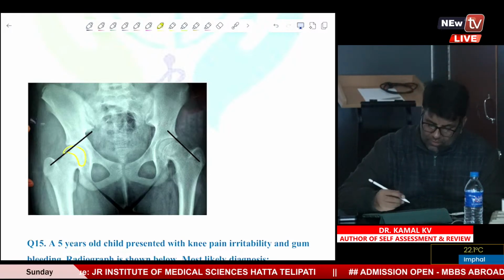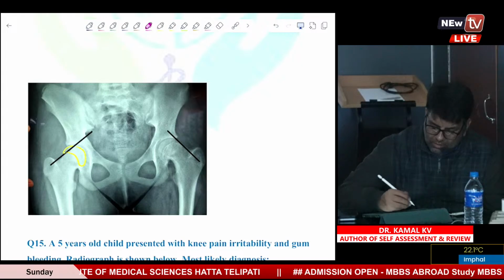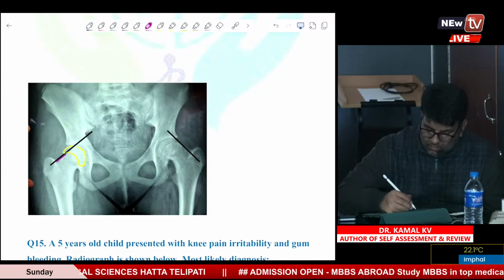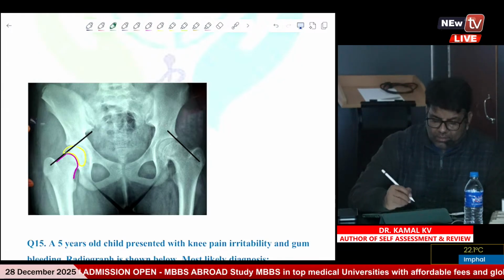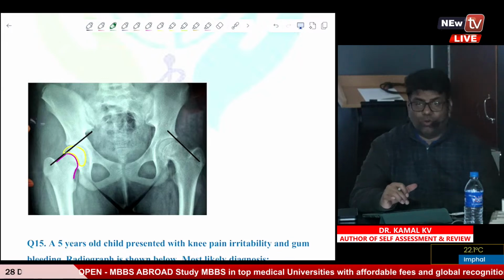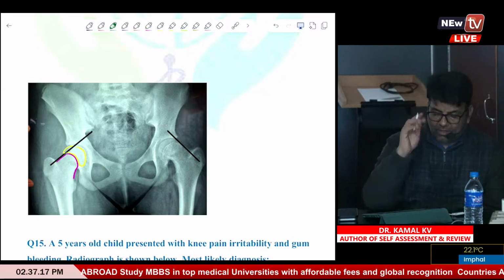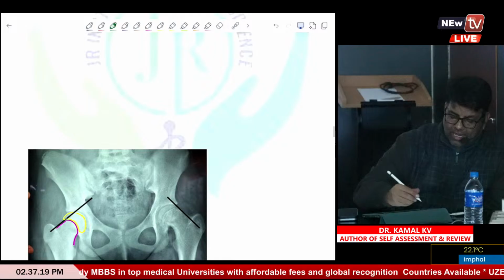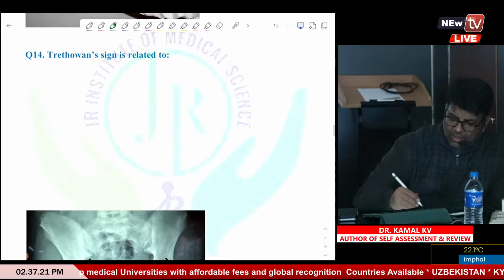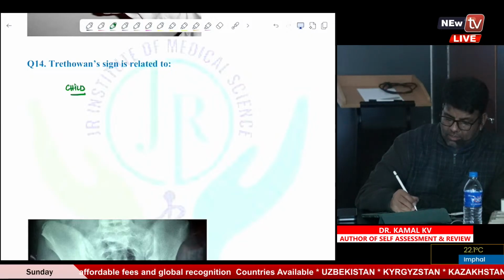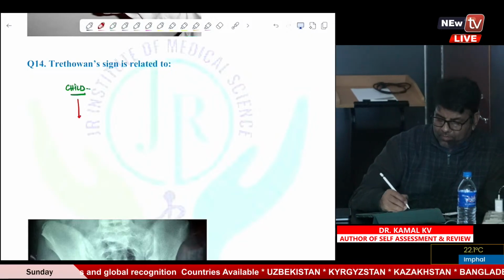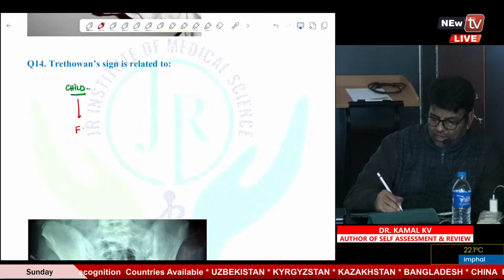What is this structure which I have drawn with yellow color? In a child, we don't call it head of femur, right? In a child, it's better you call it femoral.